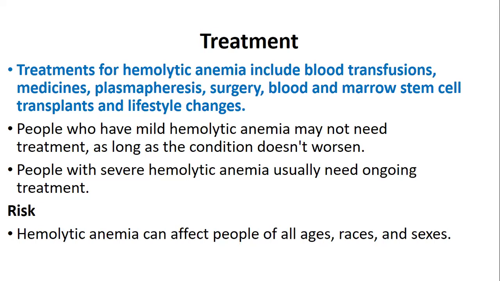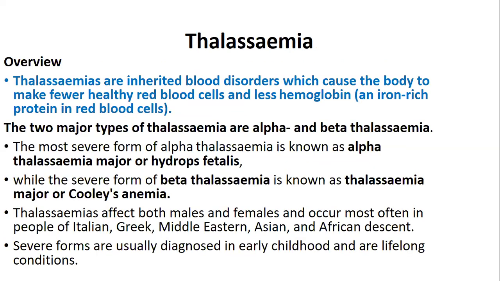Hemolytic anemia can affect people of all ages, races, and sex. Everyone is at risk in this type of anemia. The other type is known as thalassemia. Thalassemias are inherited blood disorders which cause the body to make fewer healthy red blood cells and less hemoglobin.